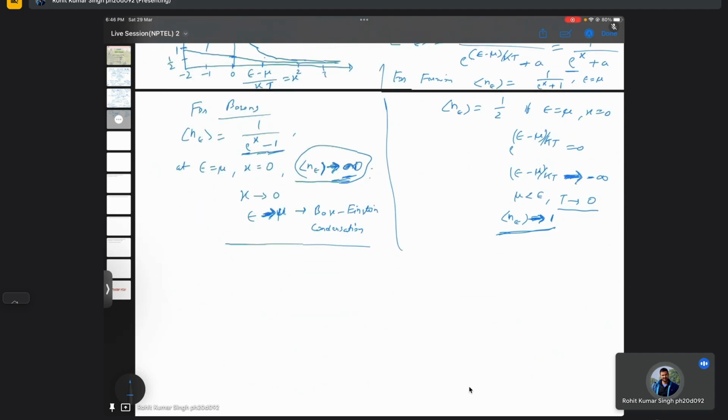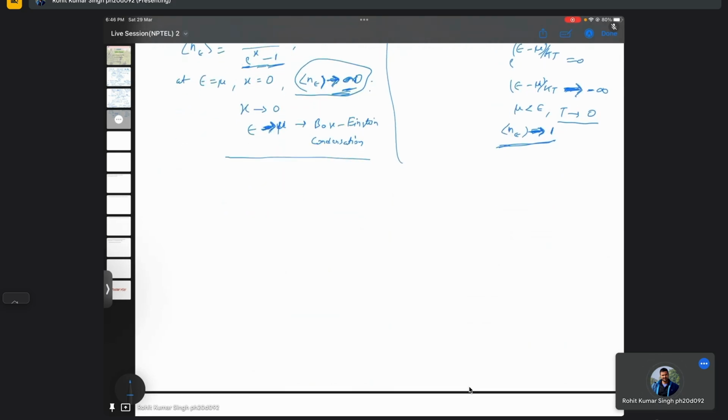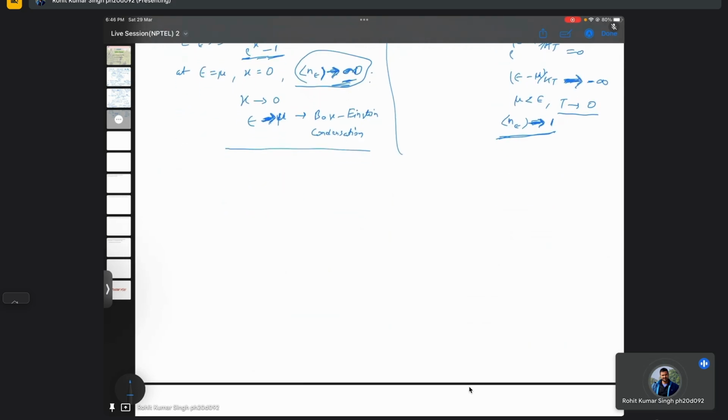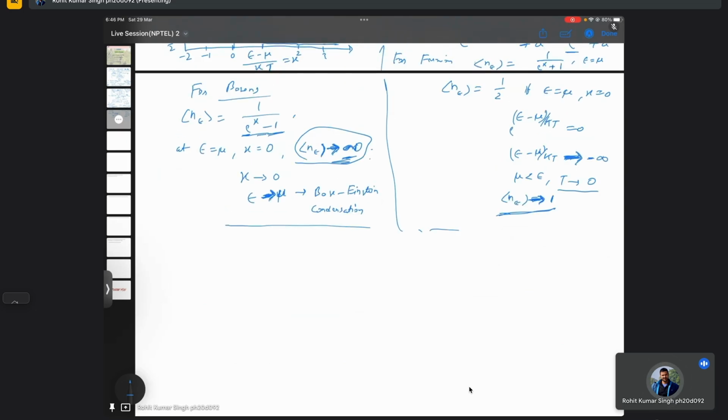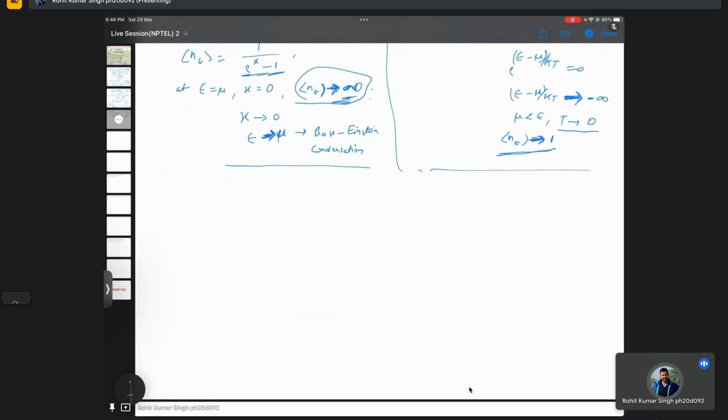Okay, now let's discuss more about this Fermi gas. This is the case of fermions. So if you have now an ideal Fermi gas, we saw that the mean occupation number is given by this formula, plus 1, right?